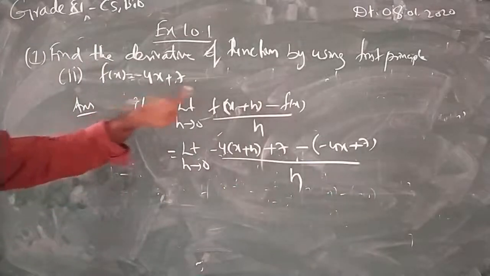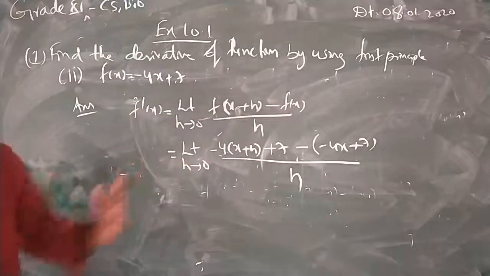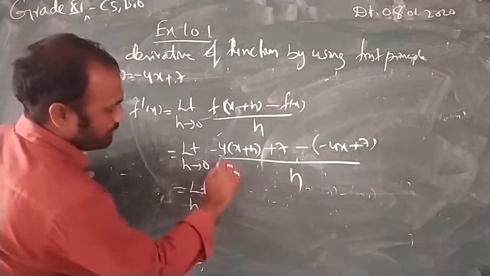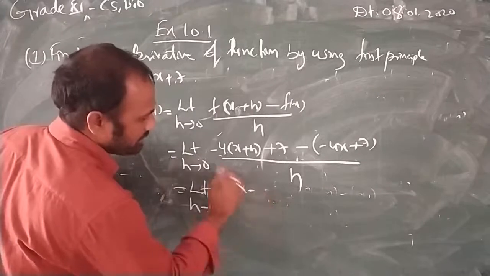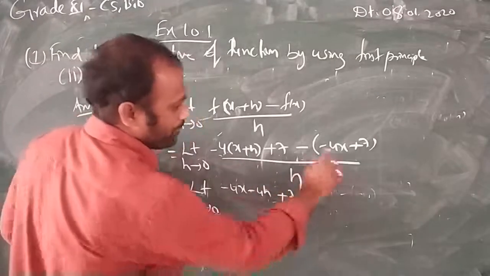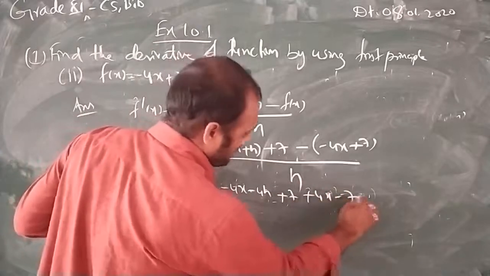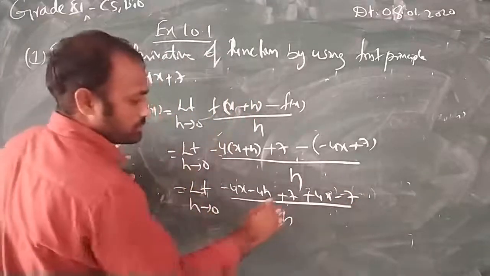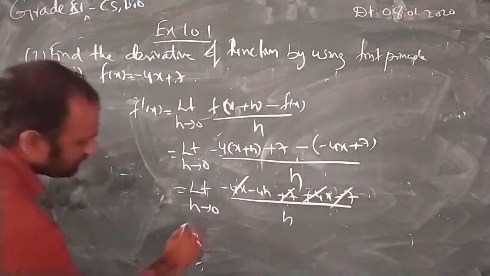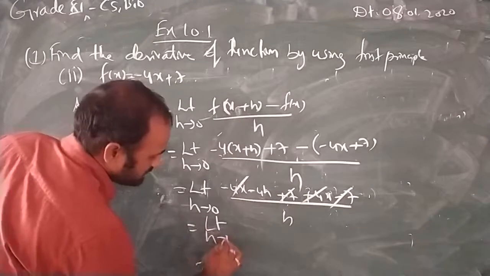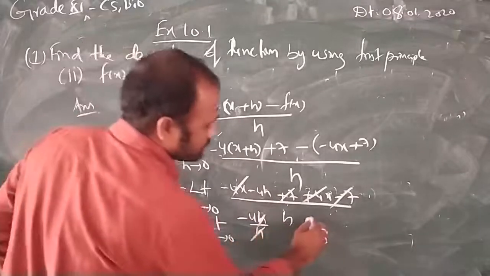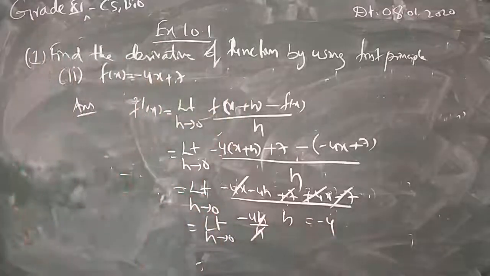Limit h tends to 0, it will become minus 4x minus 4h plus 7 plus 4x minus 7, divided by h. Plus 7 minus 7 and plus 4x minus 4x get cancelled. So we are left with limit h tends to 0 minus 4h divided by h. H gets cancelled. So the answer we are getting is minus 4.